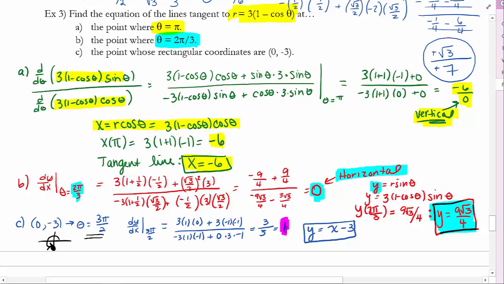So then I knew I had a slope of 1 at a point of 0, -3, so there's my y-intercept. So I wrote it in slope-intercept form and got y equals x minus 3 for a tangent line. So in this case, slope and equations of tangent lines are very tricky in polar. So just be aware, and we can go with that.